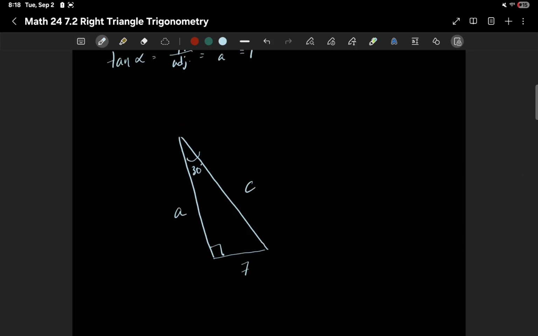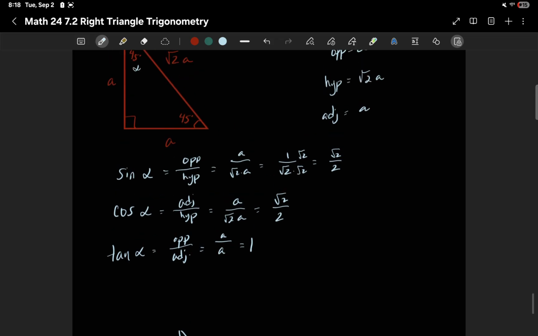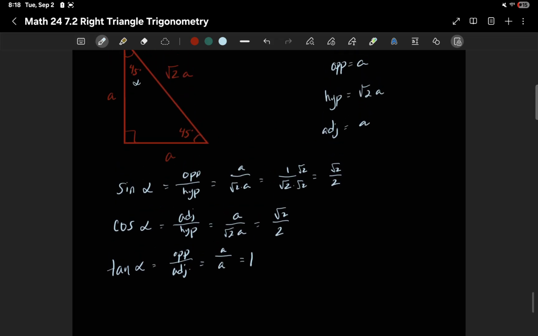One thing I want to go back and clarify, because I don't think I made it super clear. I said sine of alpha was equal to root 2 over 2, and that it didn't matter which one you chose as alpha. But notice alpha is 45 degrees. So what we've essentially found is that, because this is the 45, 45, 90 triangle, sine of 45 degrees is root 2 over 2.